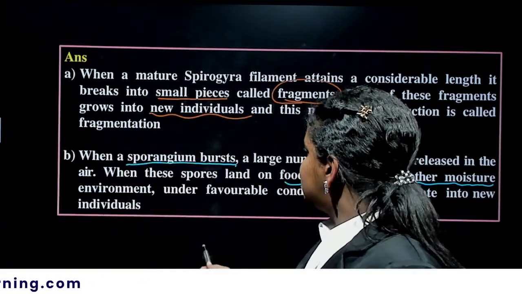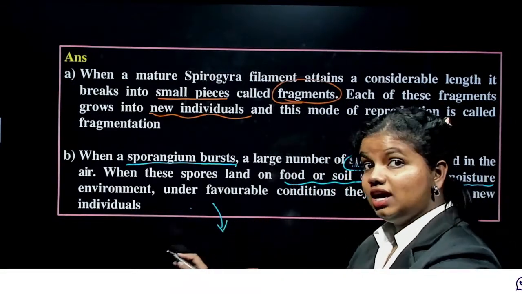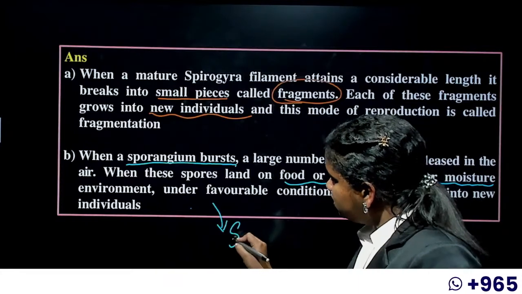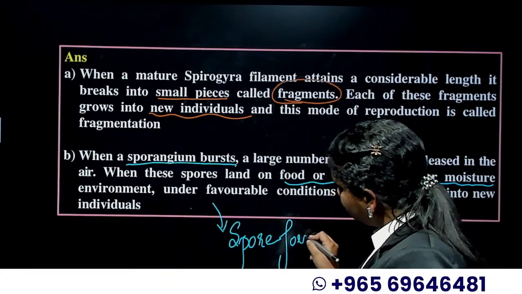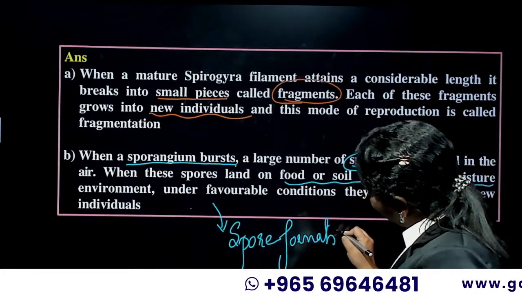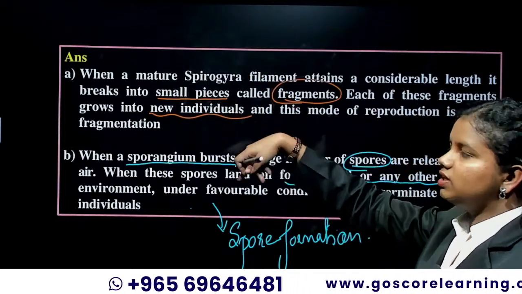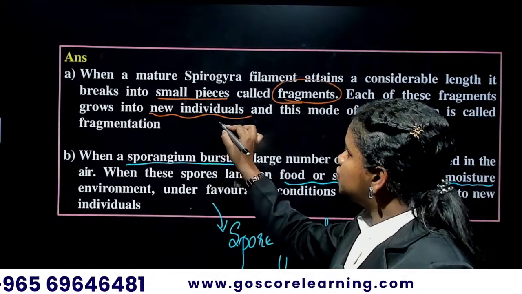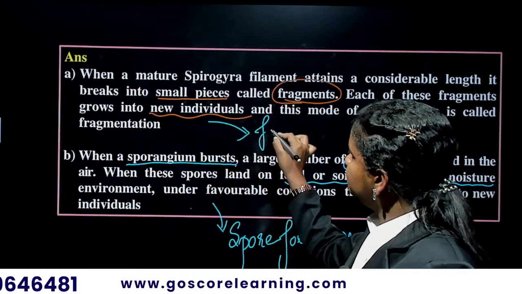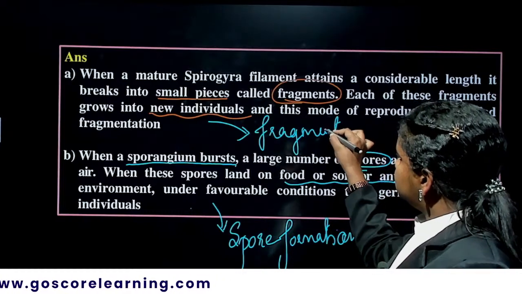So this is another method of asexual reproduction, which is called spore formation. And the one we talked about with Spirogyra, the splitting of the filament, that one is called fragmentation.